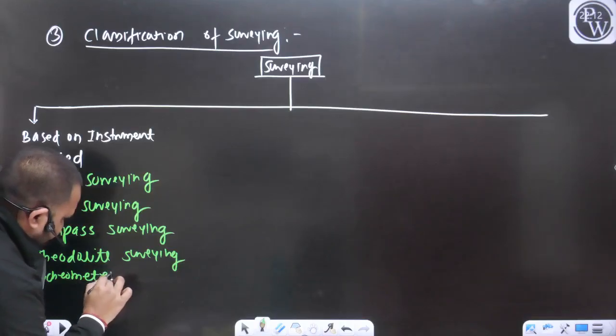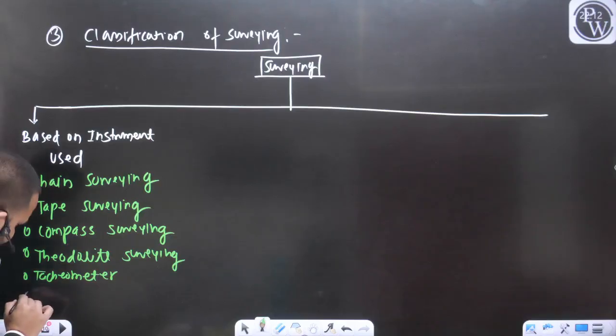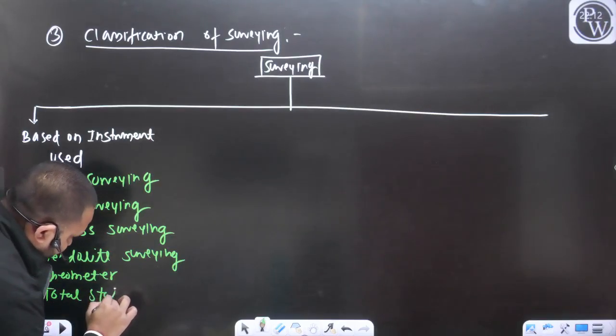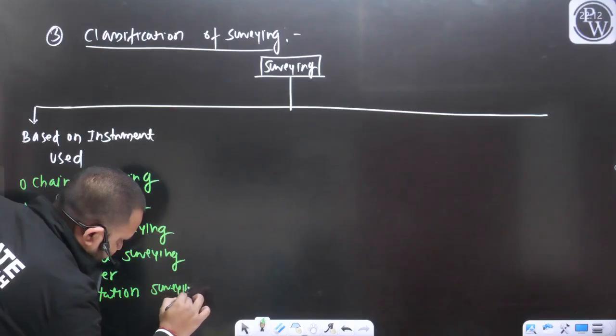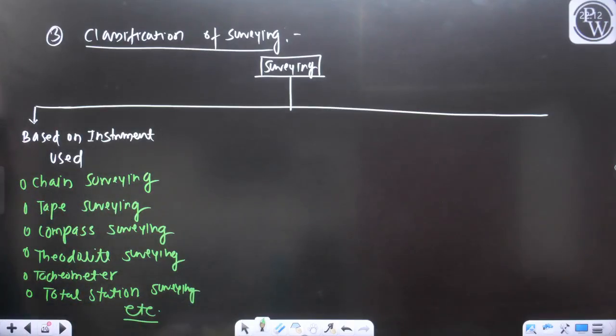These are the various instruments which we use for measurements of distances and angles. We can use the total station. So this is going to be total station surveying, etc.